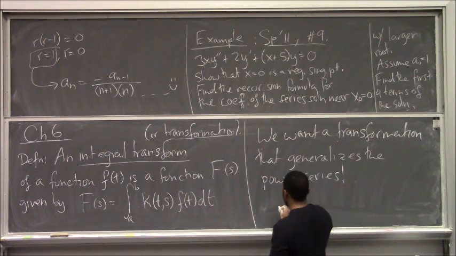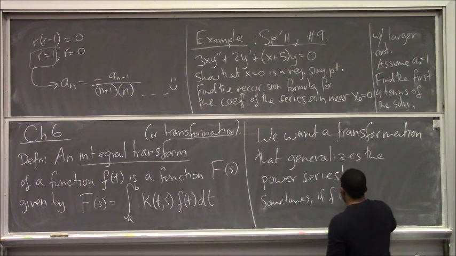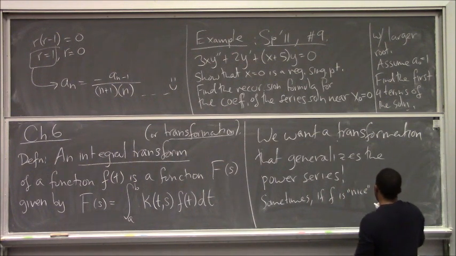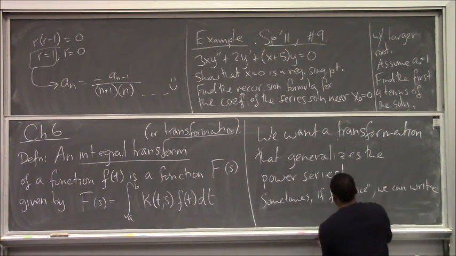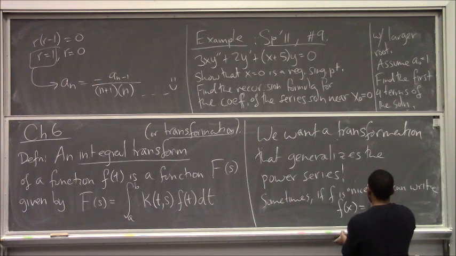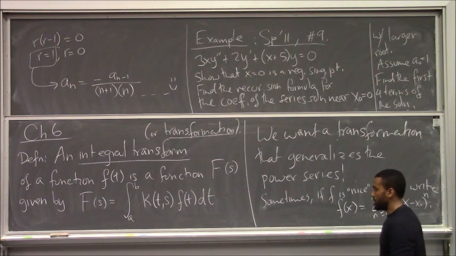So sometimes, if f is nice, we can write f of x as some series, n goes from 0 to infinity, of a_n (x minus x naught) to the n. This was called a power series.